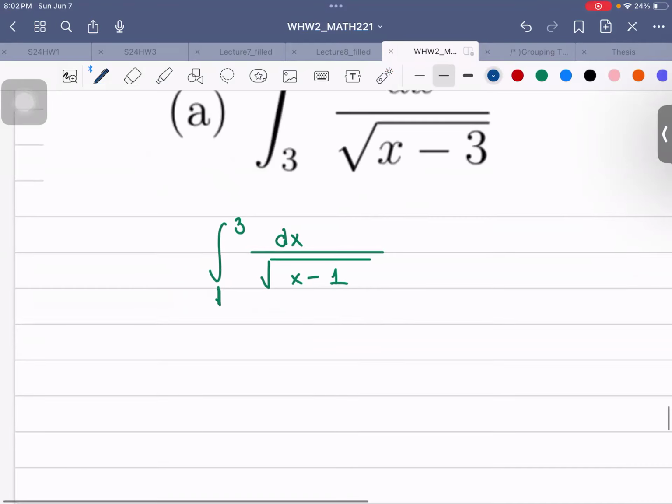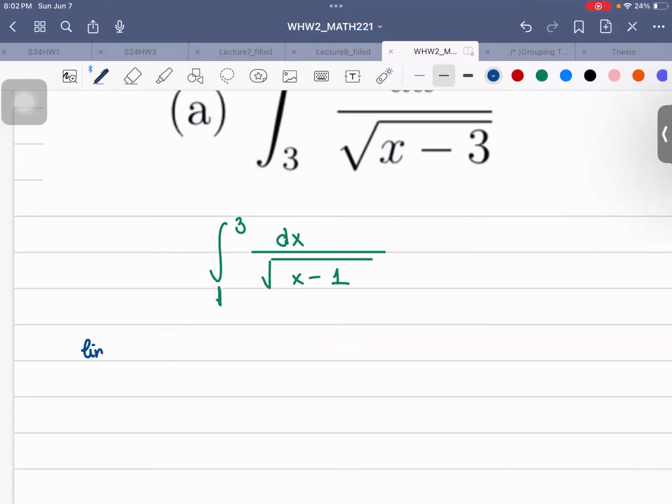To deal with this problem, I'm going to replace the lower bound by t.